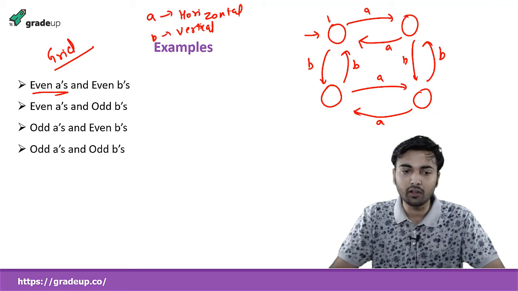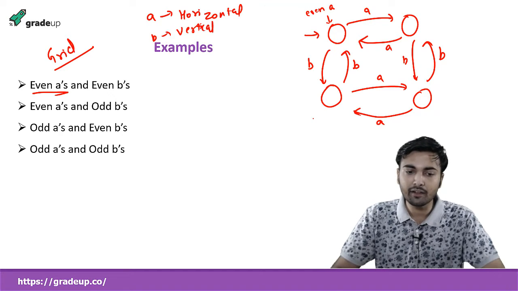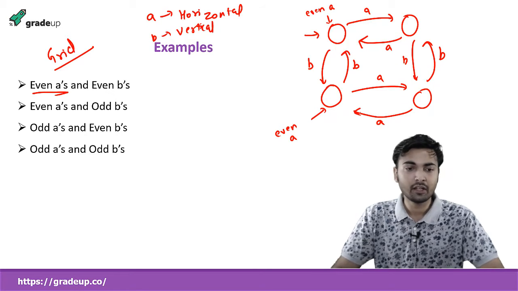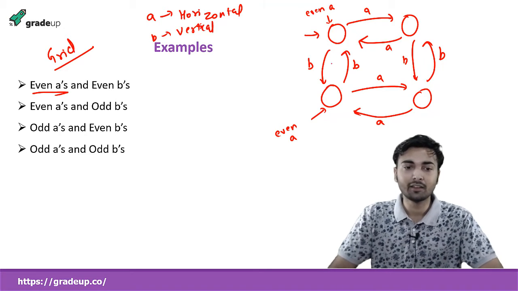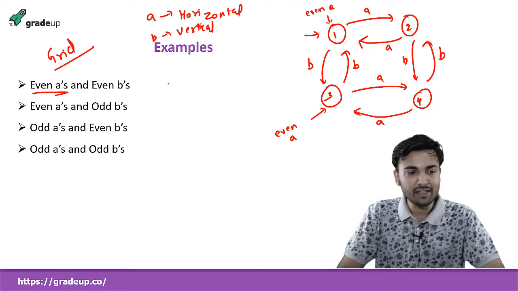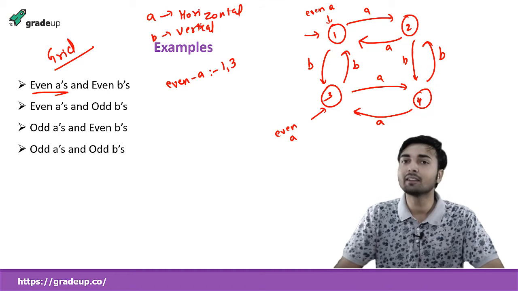So here is the state of even A. This is the state of even A. And this is also the state of even A. Right? See here. Number of A's are 0 also. Then 2, 4, 6. So these both are the states. Suppose I number the states 1, 2, 3 and 4. So for even A, the states possible are 1 and 3.